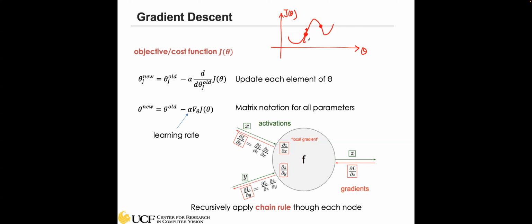We don't know the exact value, but we know that's positive. But for this other one, we compute the gradient, the slope, and we know for a fact it is negative. So if at this particular time your parameter is located here.